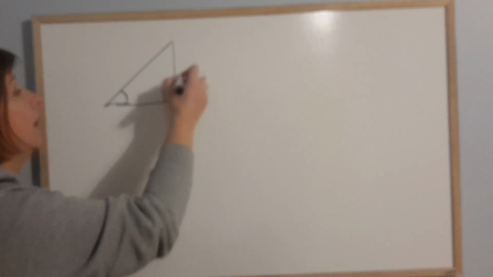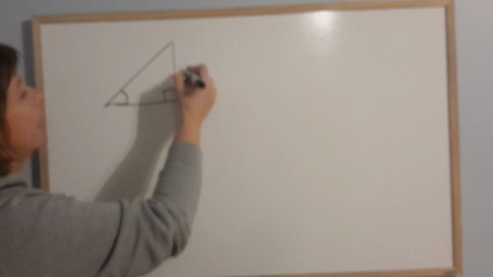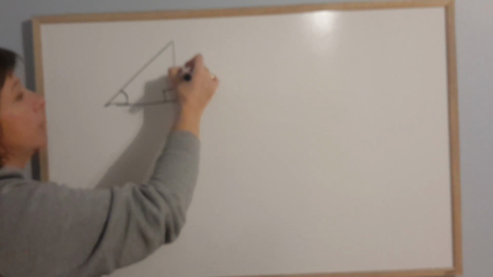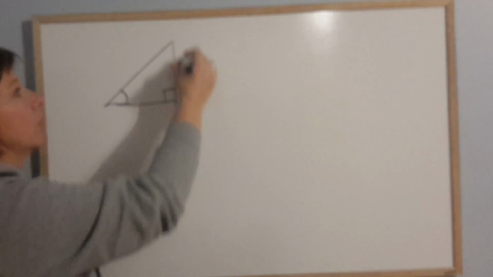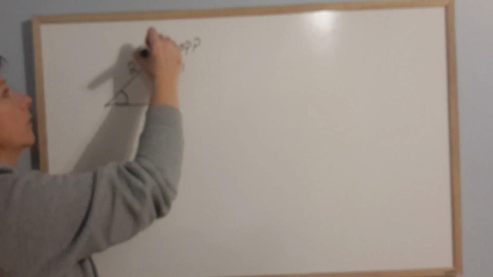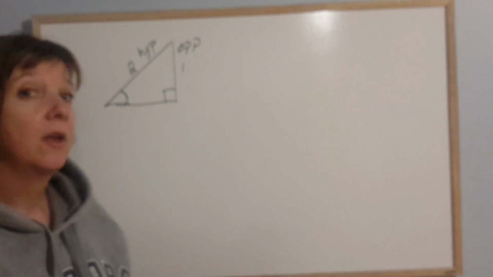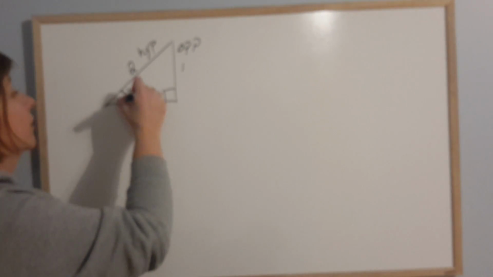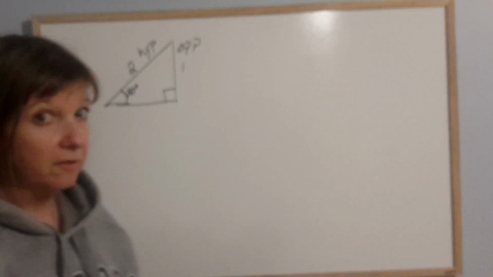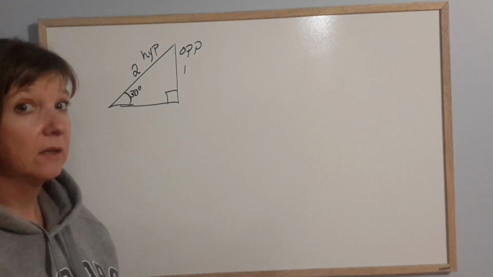For example, if this is the reference angle, the angle we want to find, and the ratio of this side, the opposite side, over this side, the hypotenuse, is 1/2, then this angle always worked out to be 30 degrees. This is where that whole SOHCAHTOA thing comes in.